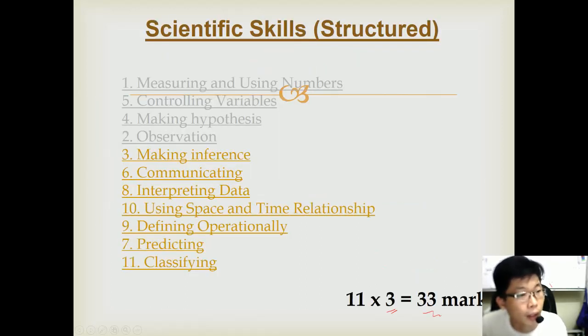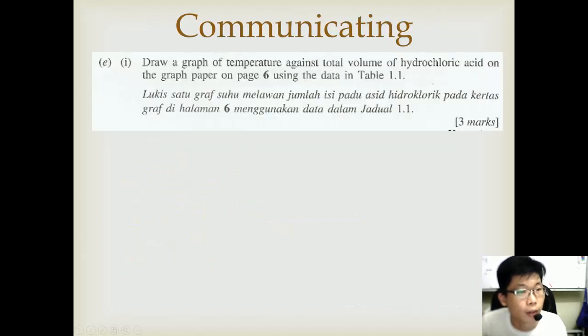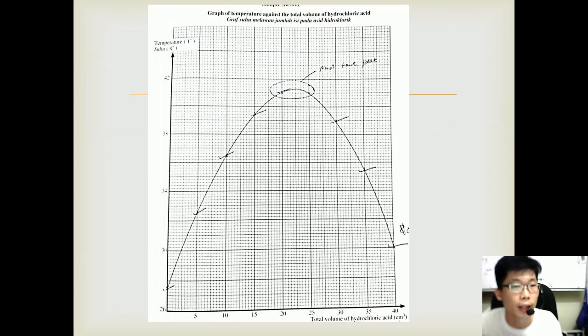Next, we look into the communication. In communicating, normally the question will ask the student to draw the graph and so on. Based on the data given, this is a graph that the student should draw out.